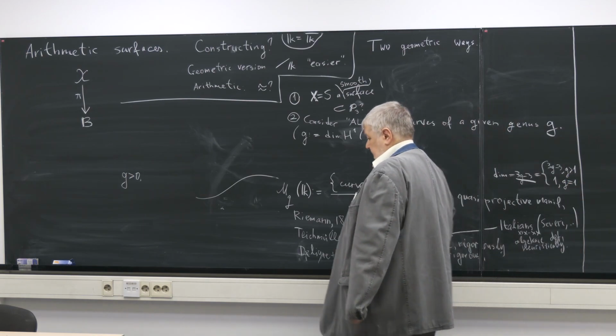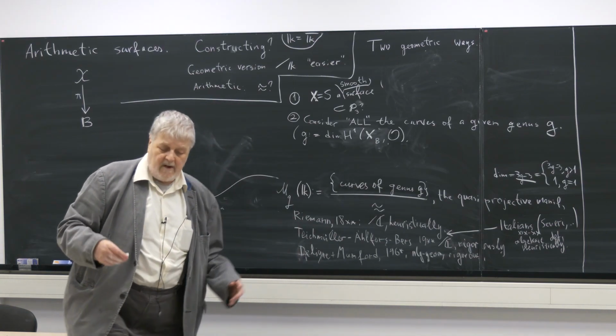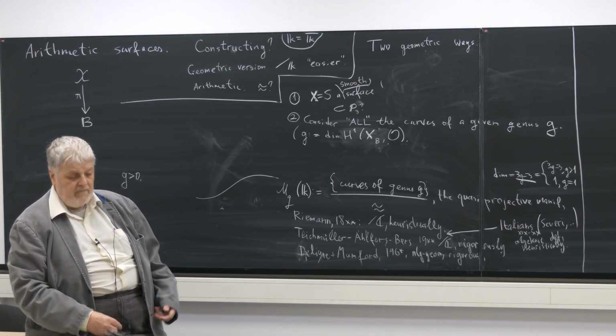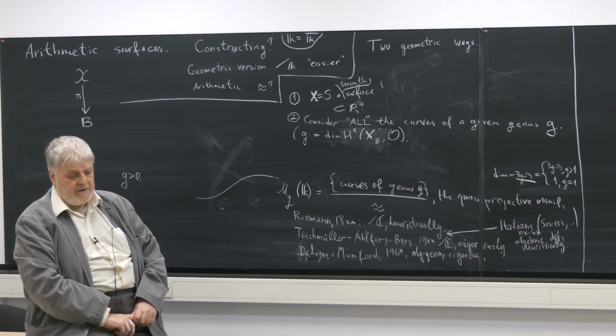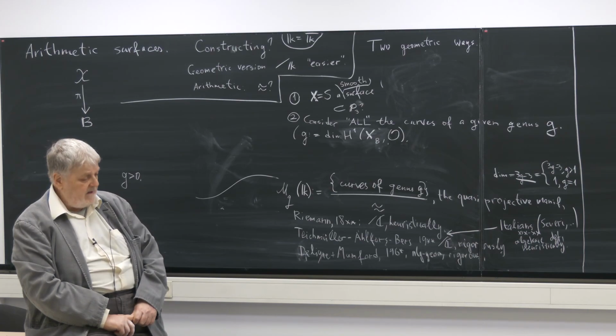And this is the dimension of the moduli space, or the number of parameters on which the general curve of genus g depends.